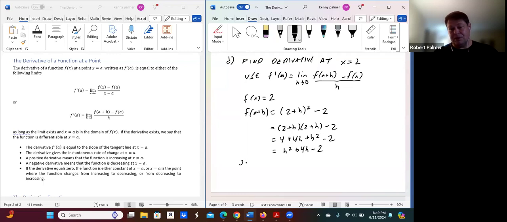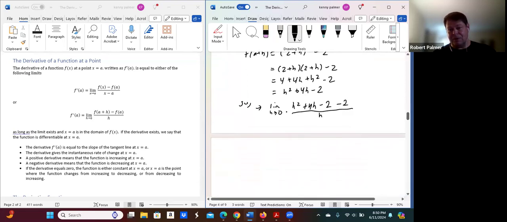Okay? So that gives us, going back to the limit, the limit as h goes to 0 of this. And we still have to do the minus f of a. So h squared plus 4h minus 2 minus f of a. f of a was minus 2. So this is f of a plus h right here, f of a is minus 2, over h.